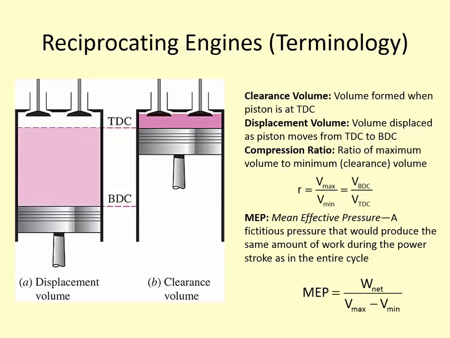So this mean effective pressure is equal to this net work divided by the change in volume. And again, that's just another way of idealizing this system. So if we wanted to compare the mean effective pressures of several different processes, then we would calculate it based on the net work output and the volume displacement.